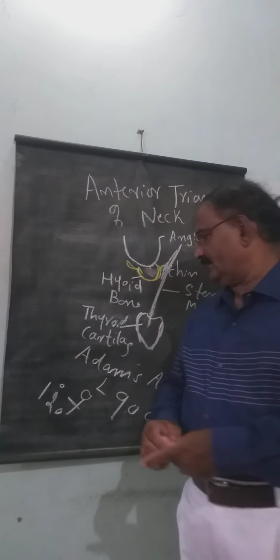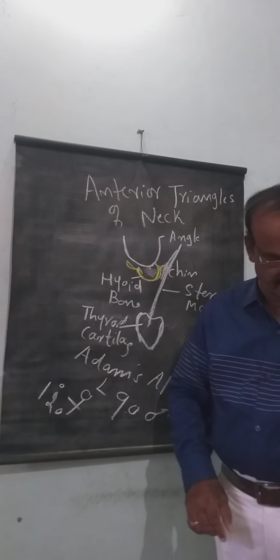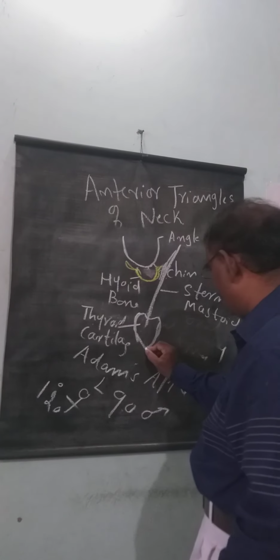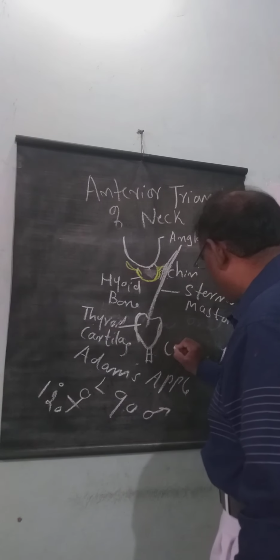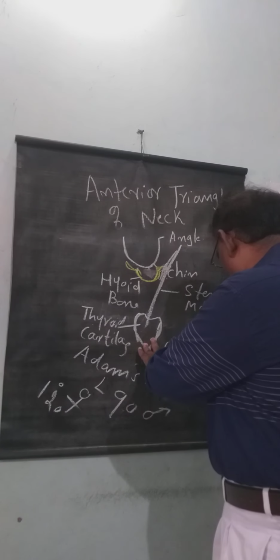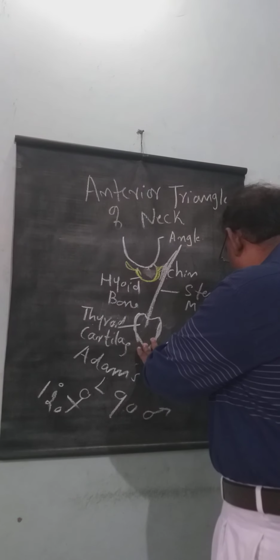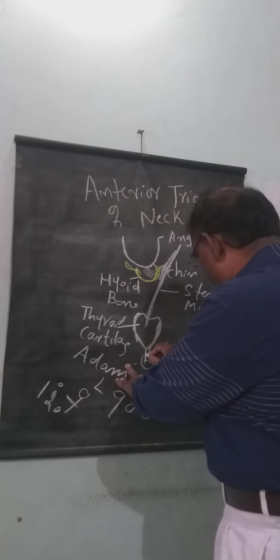Now we come to the cricoid cartilage below that. It is a ring-like cartilage.